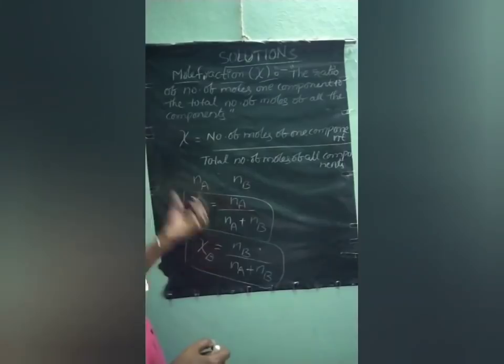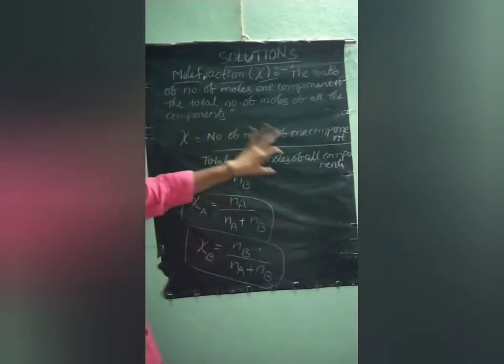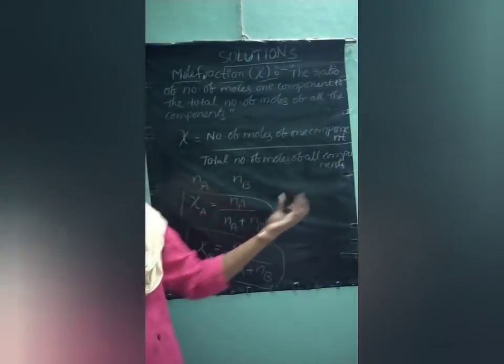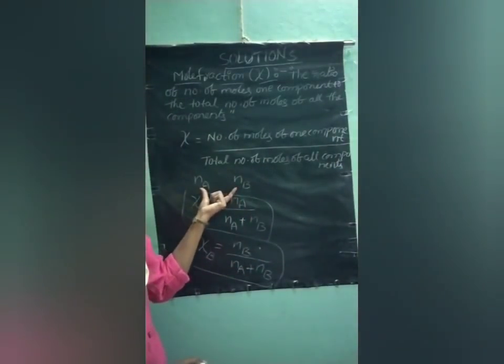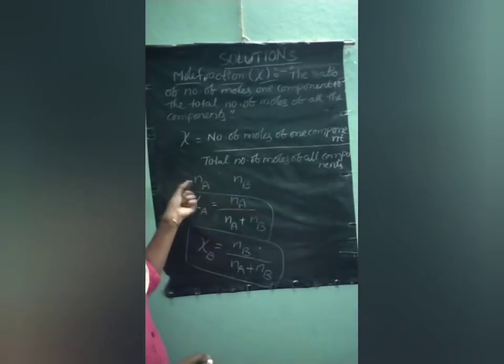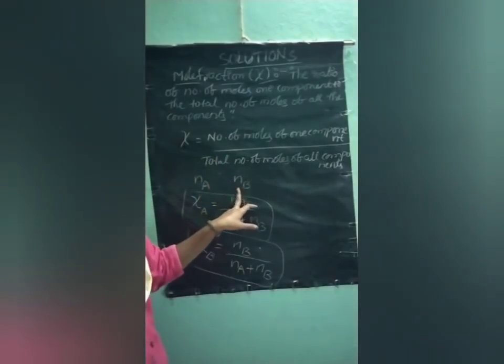So these are the mole fraction formulas. Mole fraction is equal to the number of moles of one component by the total number of moles of all components. Here I am taking two solutions, A and B. In A, the number of moles is Na, and the number of moles of the second solution B is Nb.